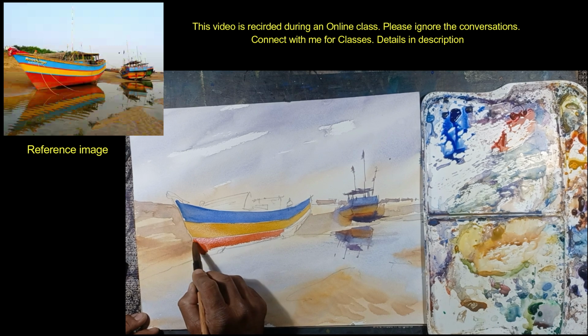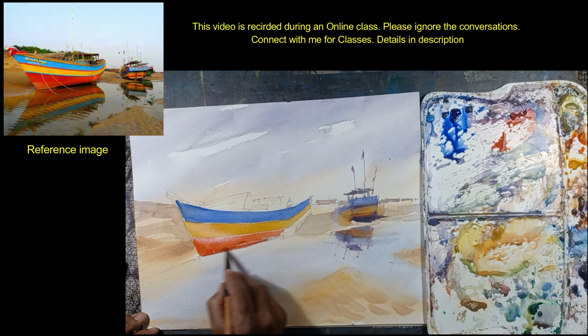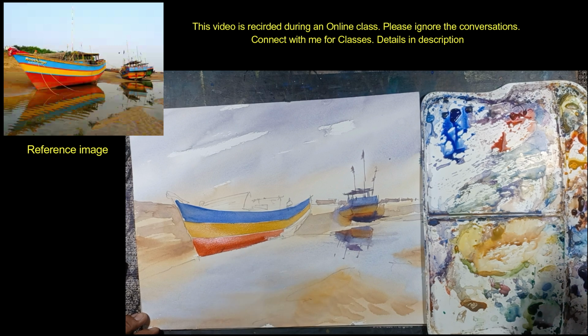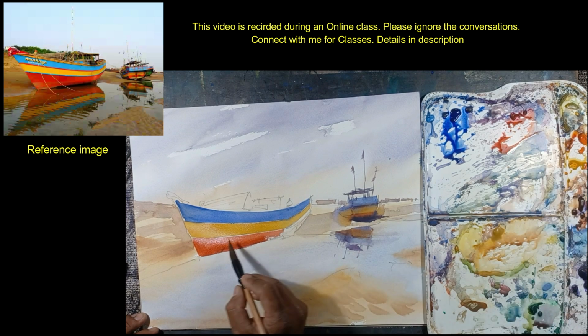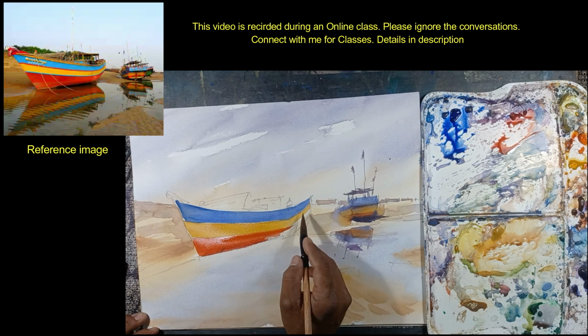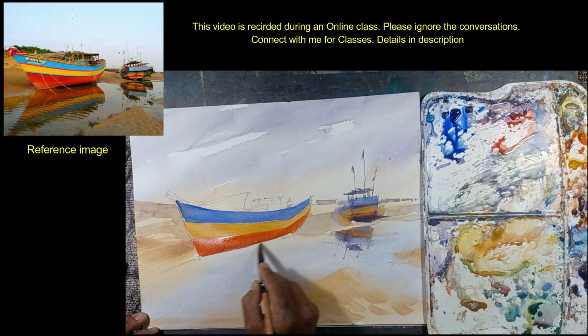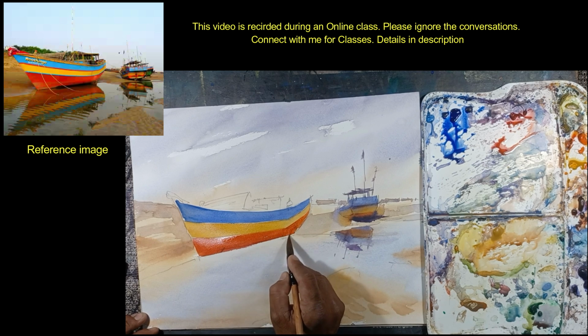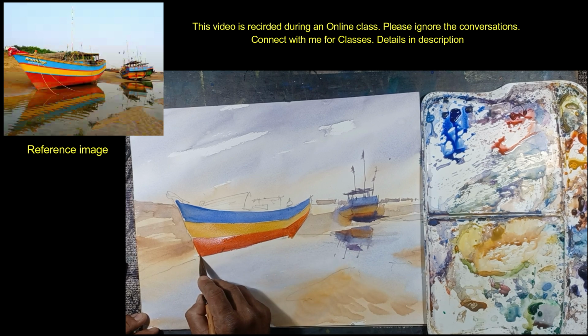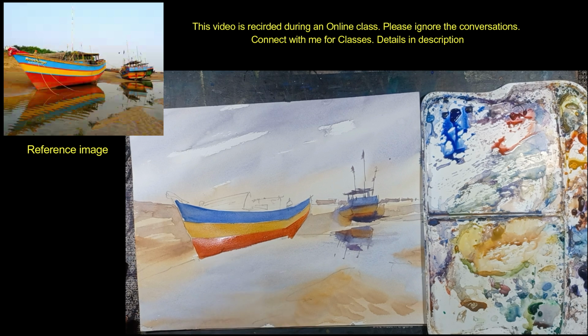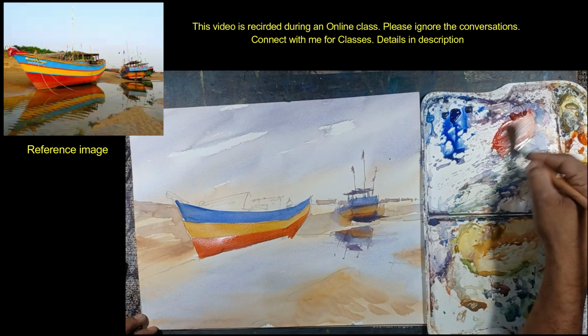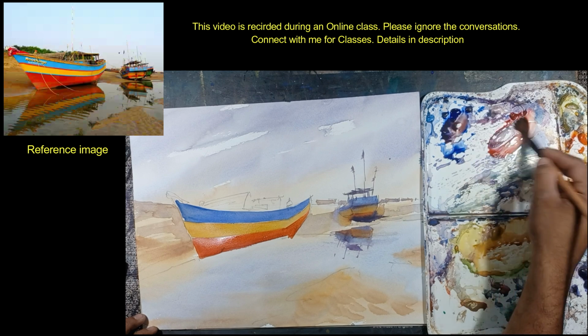For this portion, I am using a mixture of crimson and orange. Let's take some more orange. Bottom also, fine. And then we have to work on the reflection as well.